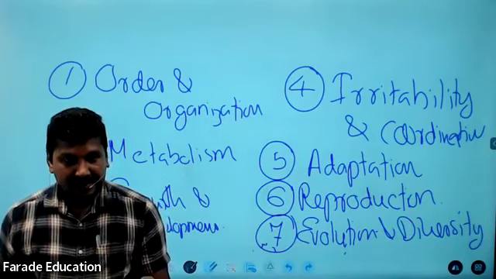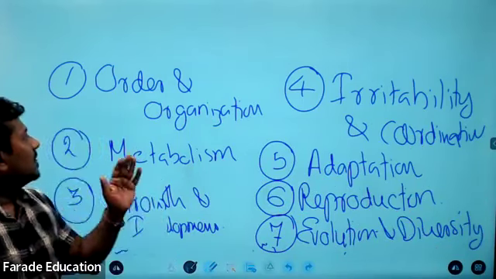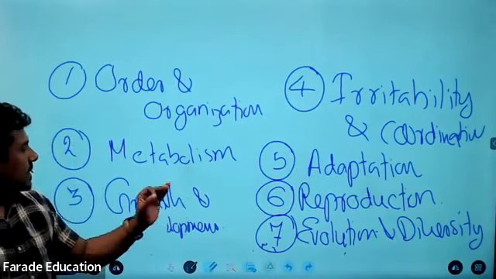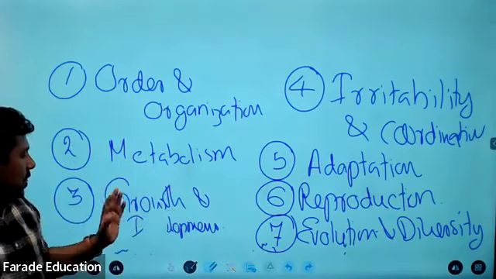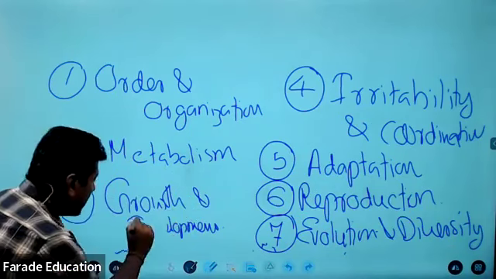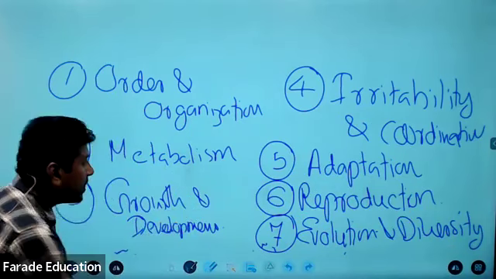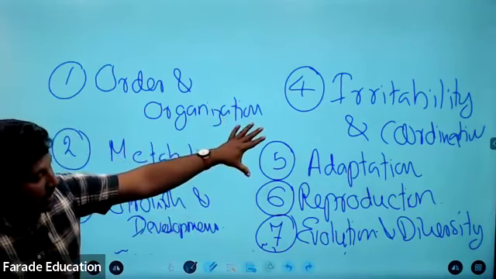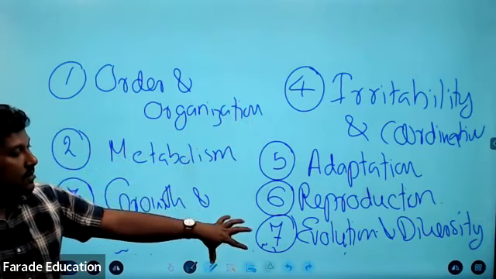Okay? Got it. So order and organization, metabolism, growth and development, irritability and coordination, adaptation, reproduction and evolution, and diversity.